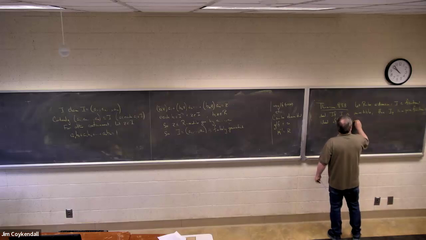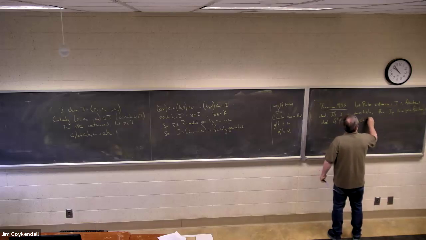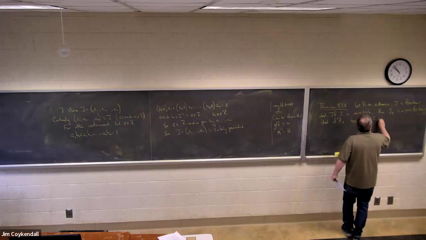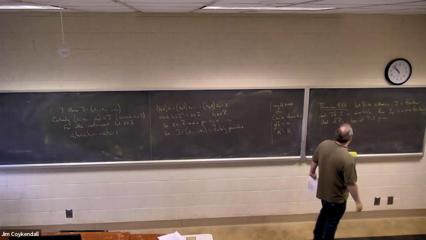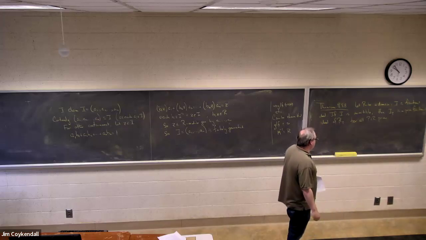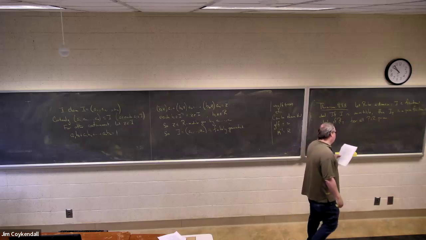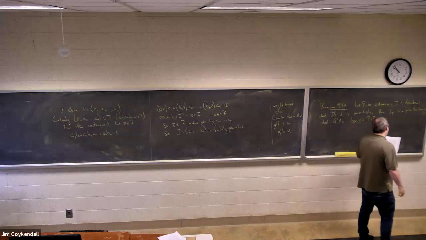This is what we call a fractional ideal. If it's invertible, then it's locally principal. So the localization of the ideal is a principal fractional ideal for our localized R_P.